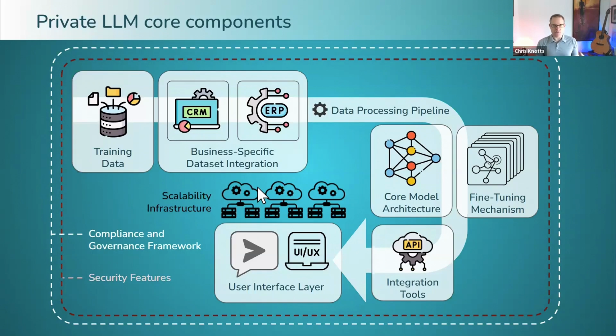We want to be able to marry our CRM and our ERP data so that we can feed that data into the LLM usage in a way that our marketing and sales teams might be able to use. And that would be phase one of this project. So that's just a little bit of the hypothetical here.